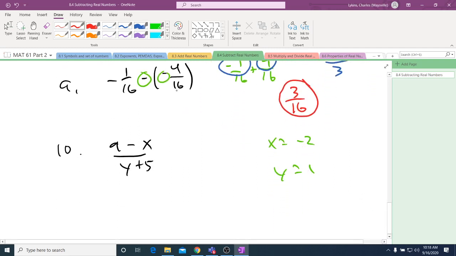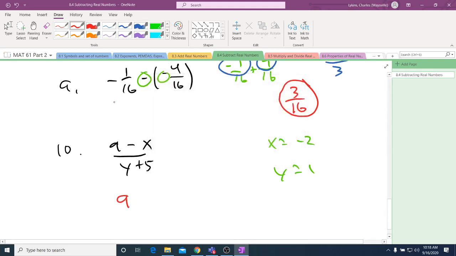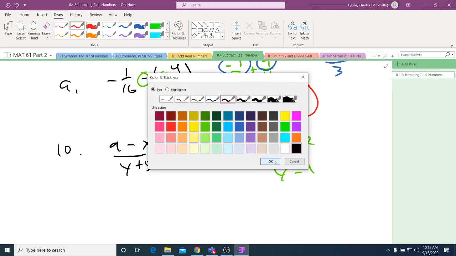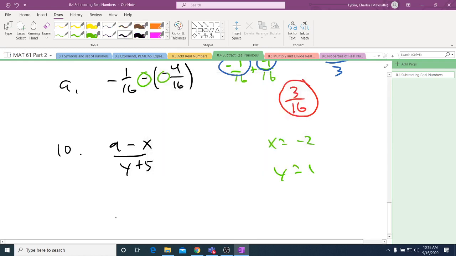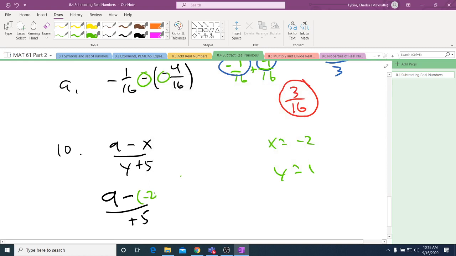Finally, this is another plug in the values. So I'm going to put in 9 minus what? 9 minus what? Well, x in this case is a -2. Now my y value is a 1, so I'm going to say 1 plus 5.